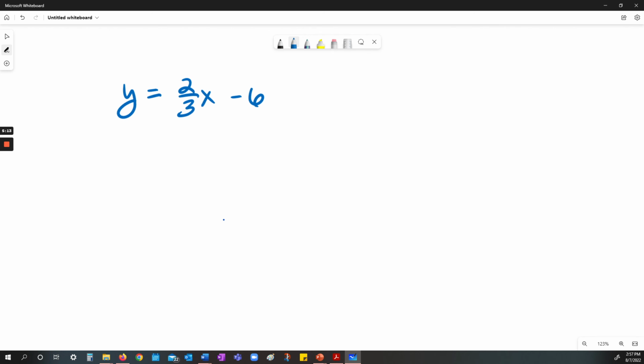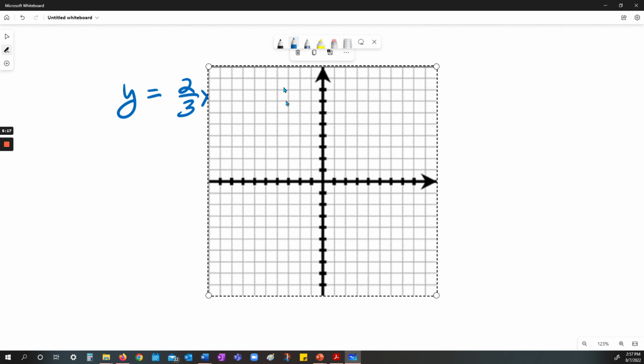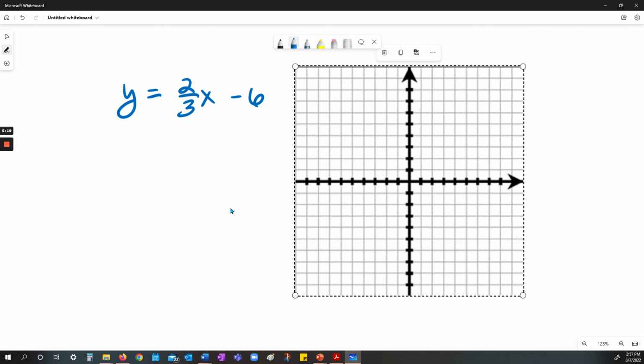Let's see. Okay, good. So you might pause the video to check and see if you can write down what the slope and the y-intercept are, and then we're going to graph them quickly.